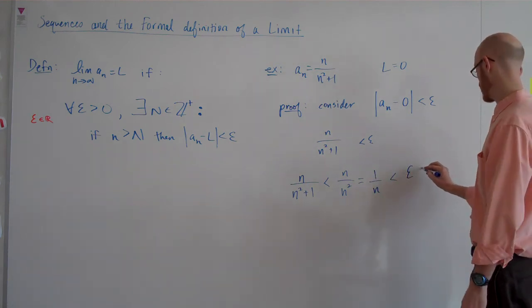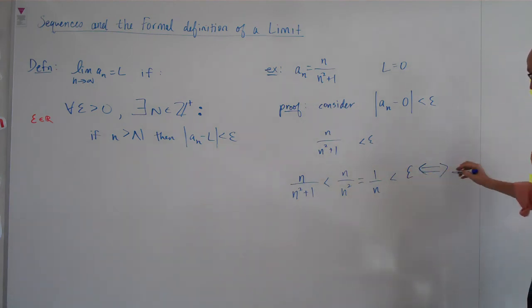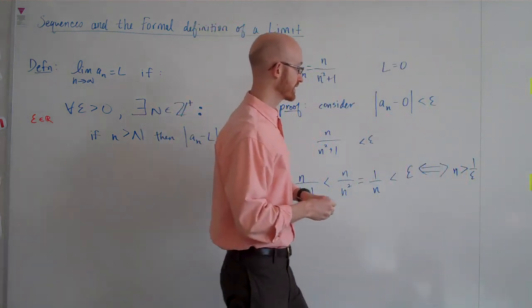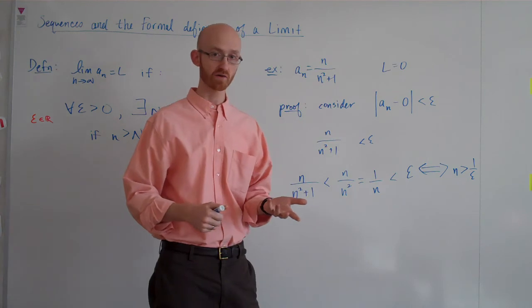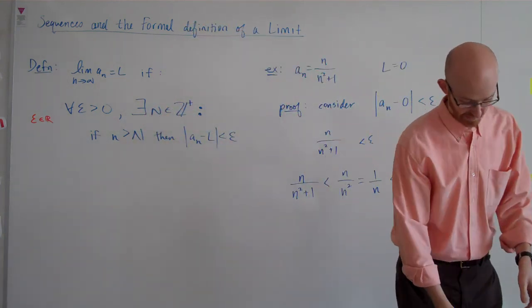And this is true if and only if n is greater than 1 over epsilon. So this now is going to be our special value of n that we choose given a certain epsilon.